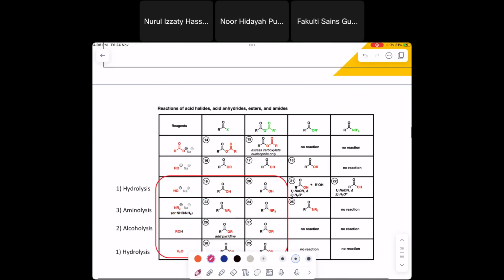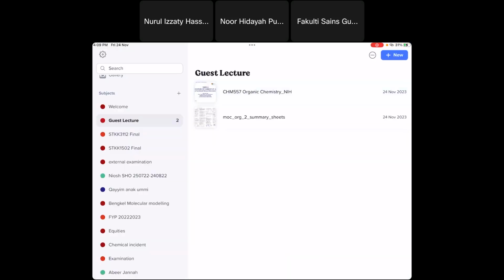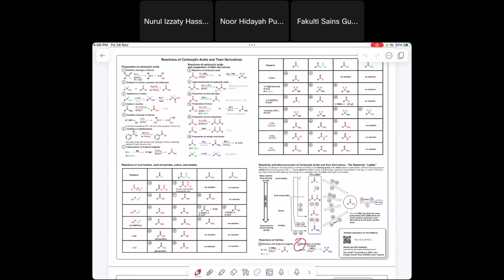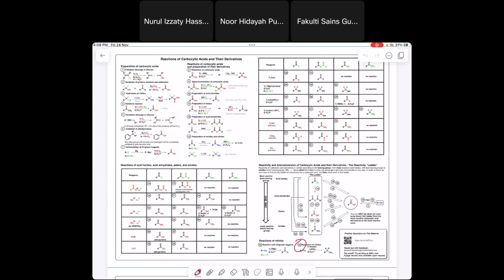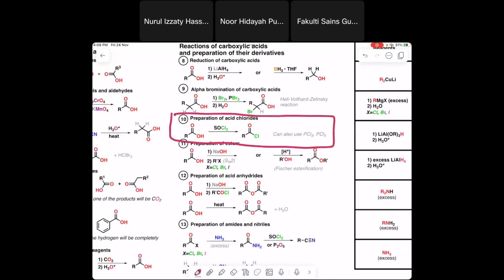So what I did is that I just, tadi you guys nampak from here, this organic chemistry summary sheet kan, you can see here how you want to propose, how do you want to prepare your acid kan. So kita nak fokus pada dua perkara ni dulu and the most reactive.